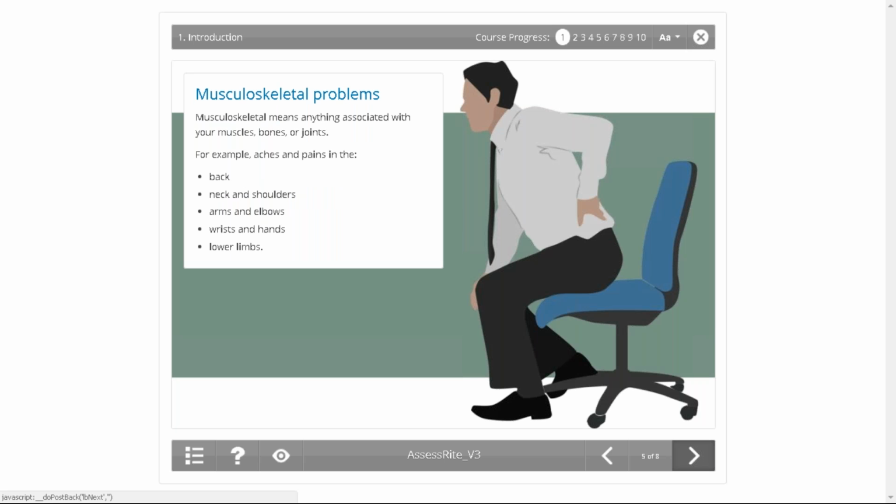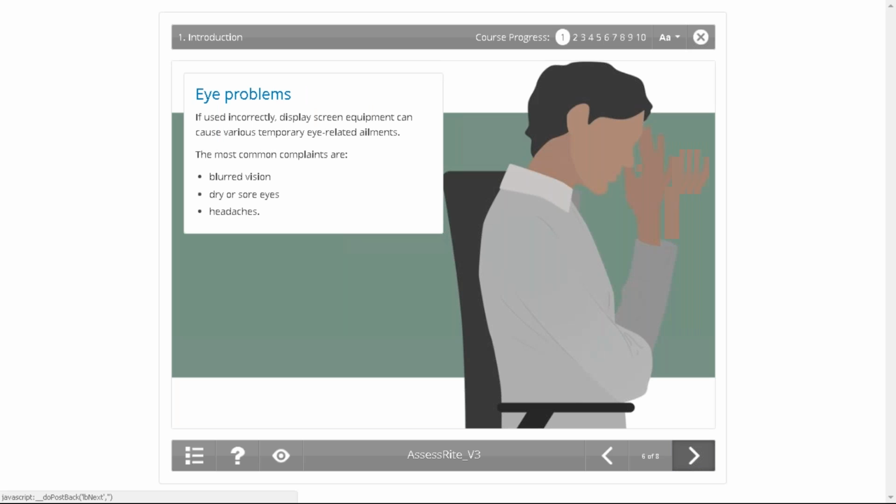For example, aches and pains in the back, neck and shoulders, arms and elbows, wrists and hands, and lower limbs. And I think anyone that works with a computer can feel aches and pains at some point. And eye problems. If used incorrectly, display screen equipment can cause various temporary eye-related ailments. The most common complaints are blurred vision, dry or sore eyes, and headaches.